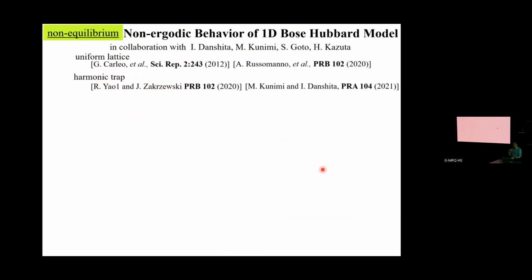This is the final topic in the introduction. Recently, in collaboration with Dr. Danshita's group, we studied the non-ergodic behavior of the 1D Bose-Hubbard model, which is discussed in these recent papers.